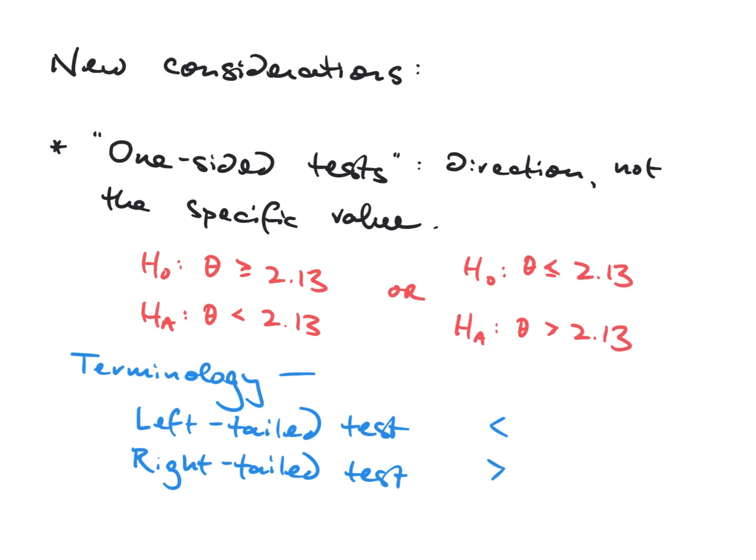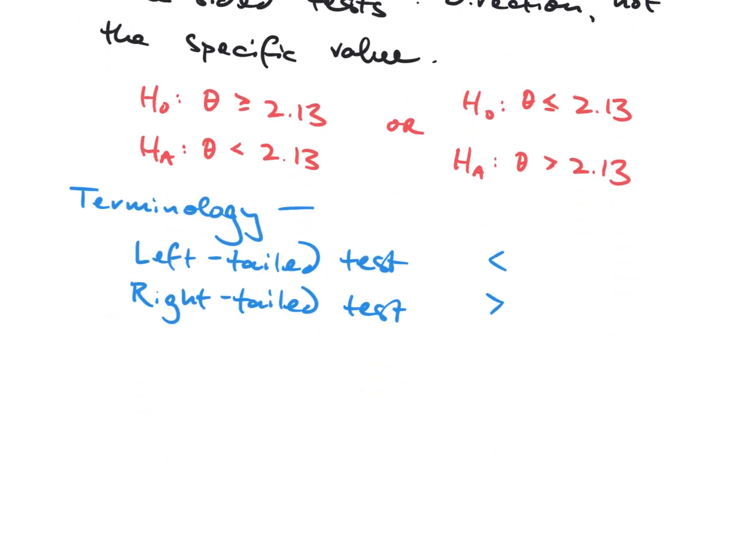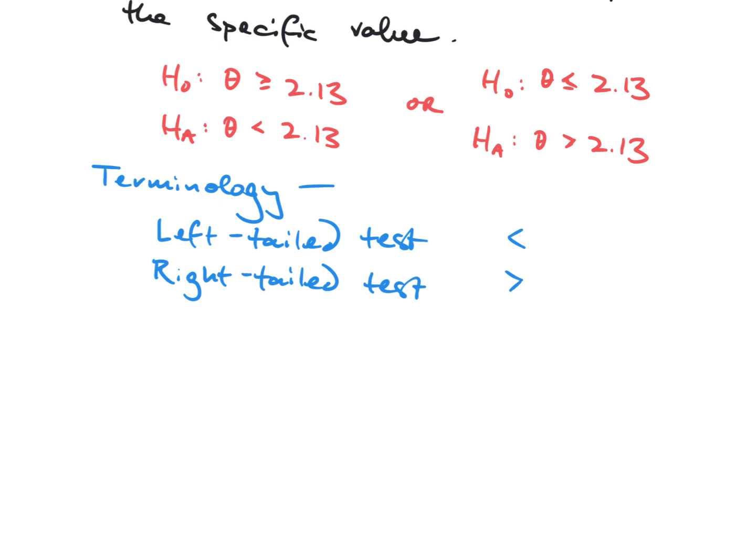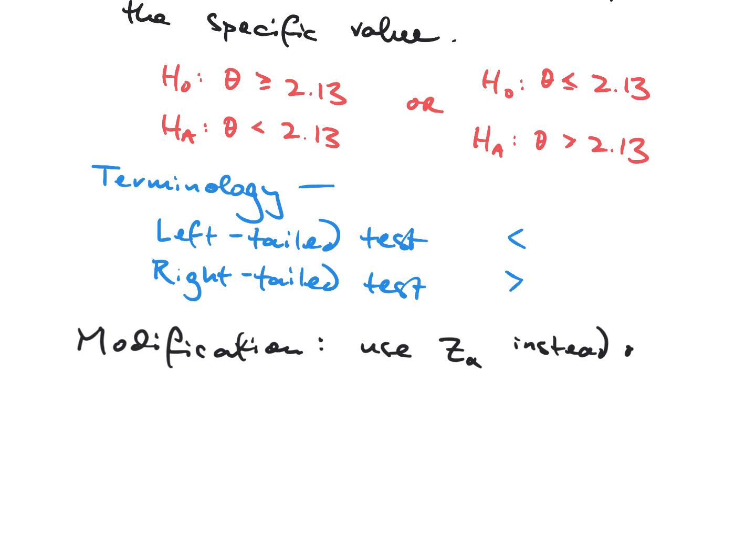Okay, so one-sided tests. Okay, and there was a simple modification. Basically use z of alpha instead of z of alpha over 2 when constructing a confidence interval, when calculating a critical value.